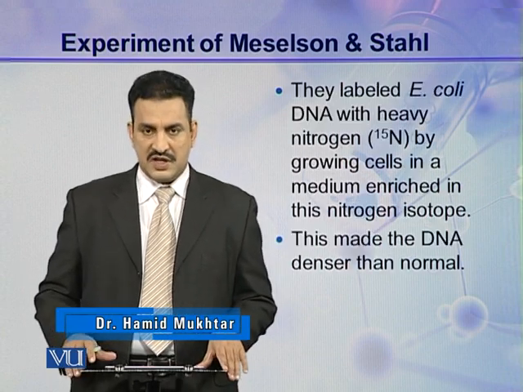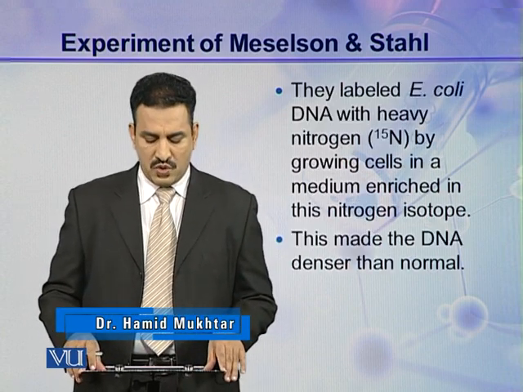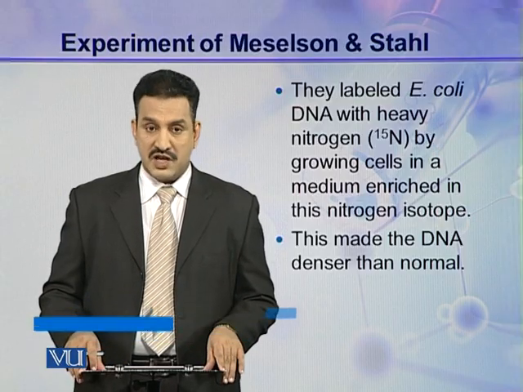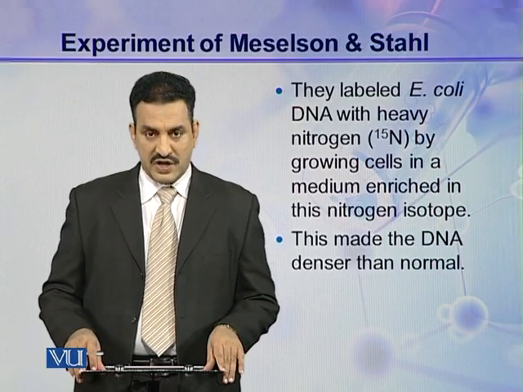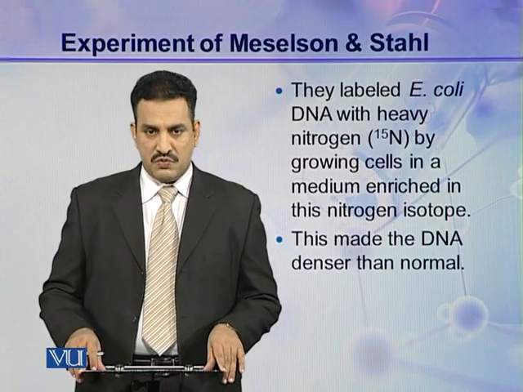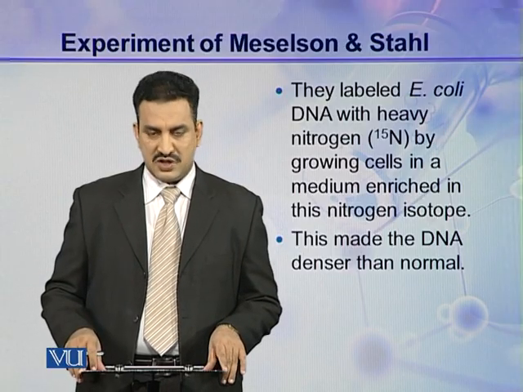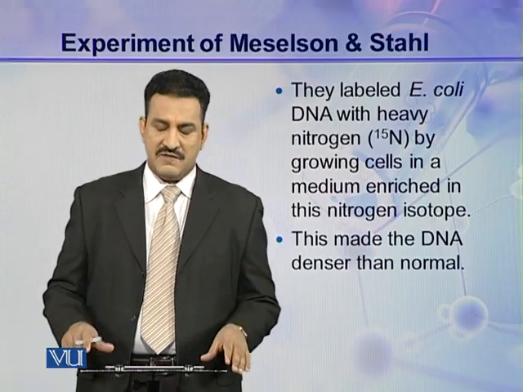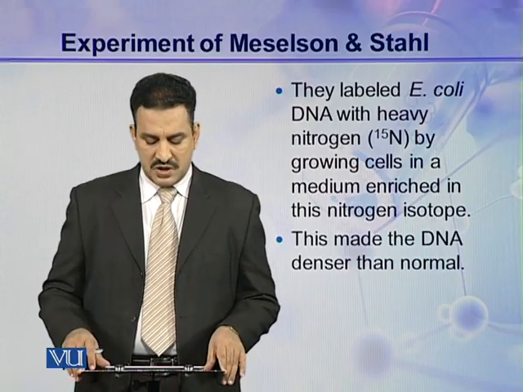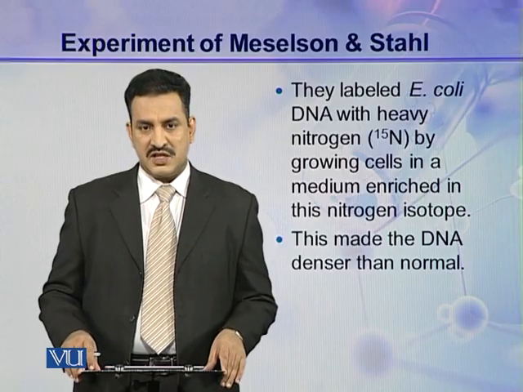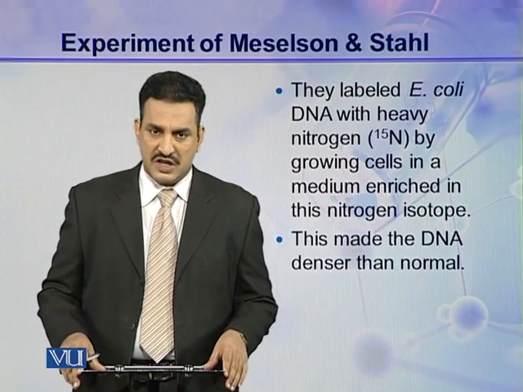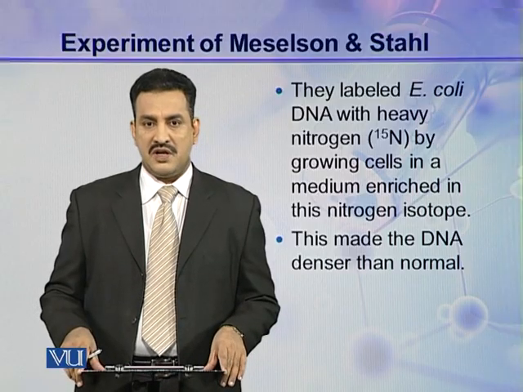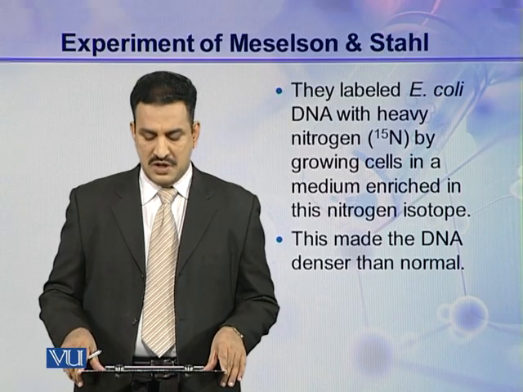They labeled E. coli DNA with heavy nitrogen, that is N15, by growing the cells in a medium which was enriched in this nitrogen isotope. N15 is a heavy isotope of nitrogen. They grew E. coli cells in a medium which contained N15 instead of normal nitrogen, which is N14.